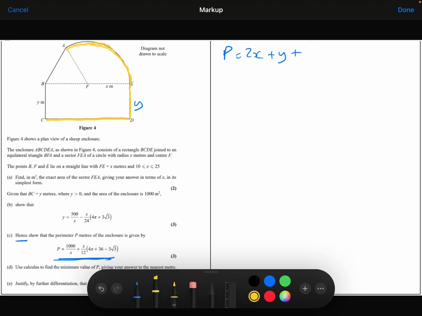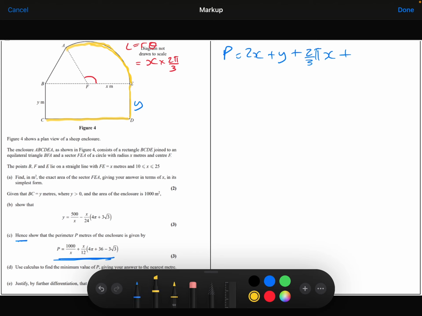Now that's the arc length. And I know the formula for arc length is r times theta. In this case, my r is x. And remember that the theta was 2 pi over 3. So that arc length then will be 2 over 3 pi x.